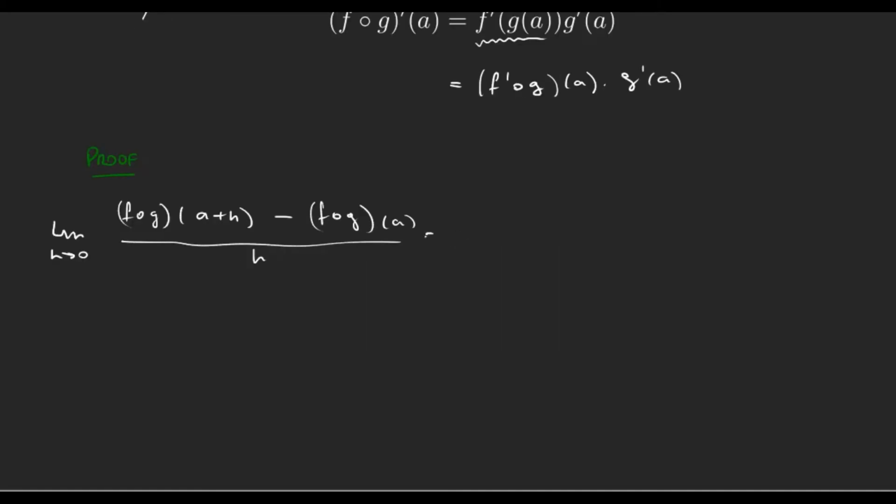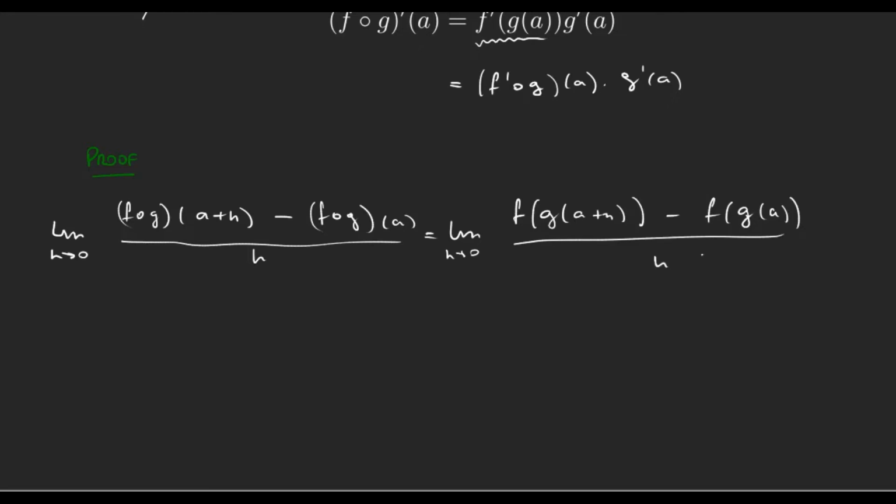So let's first use the definition of a composition. f composed with g is f of g of a plus h minus f of g of a, and all this divided by h.